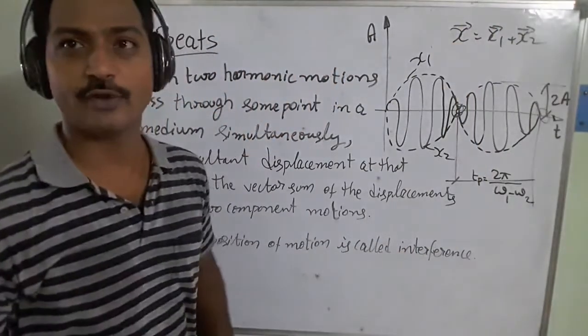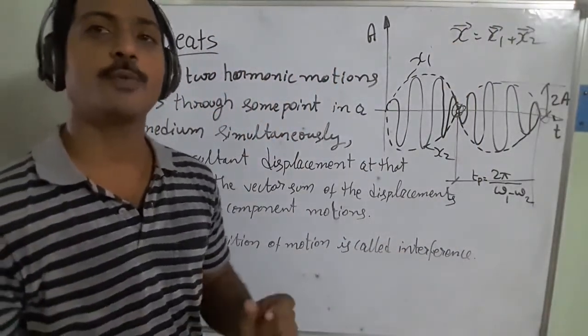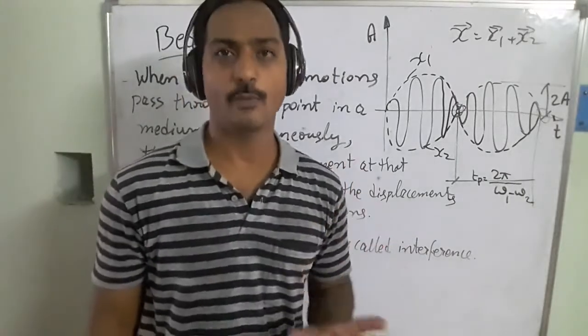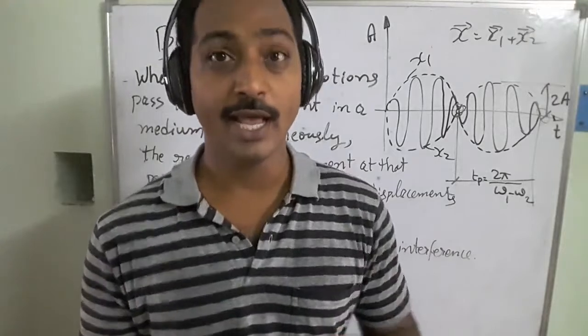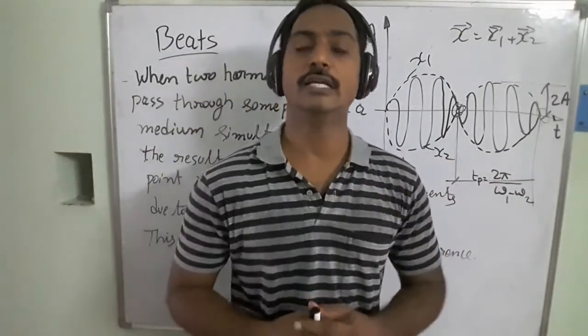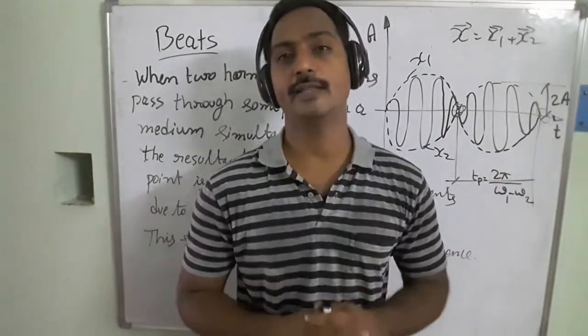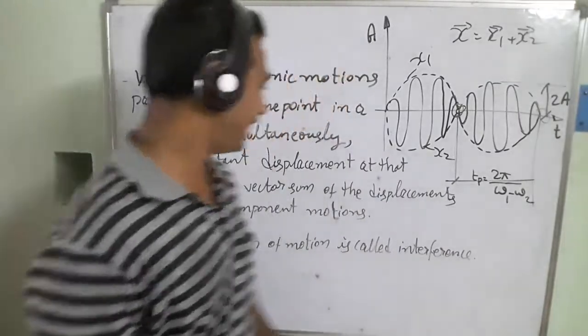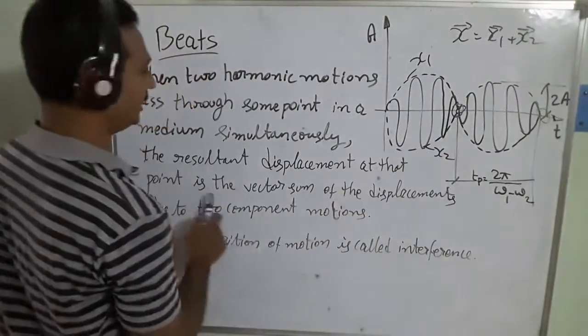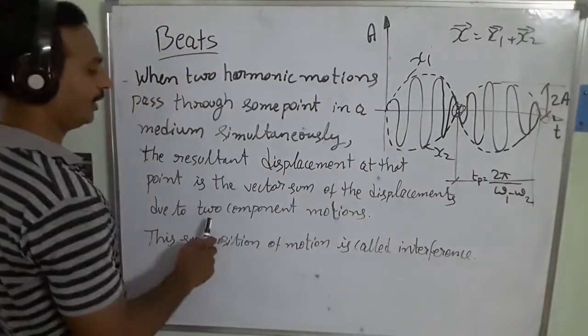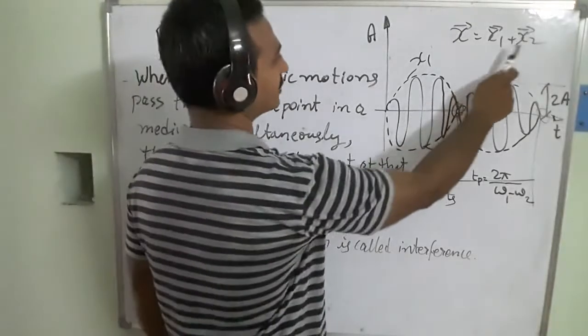We have already seen this in the topic of superposition of two harmonic motions. x1 and x2 are harmonic motions, and the resultant motion is also a harmonic motion itself. So the resultant displacement at that point is the vector sum of the displacements due to the two component motions x1 and x2.